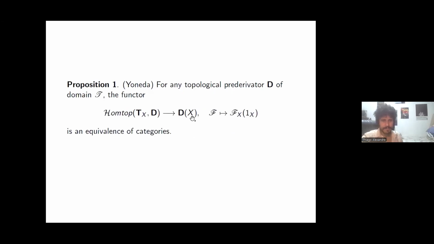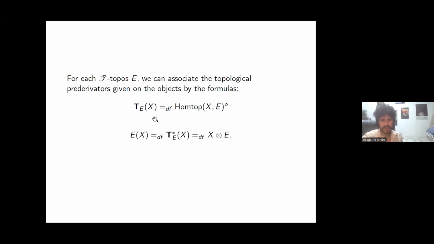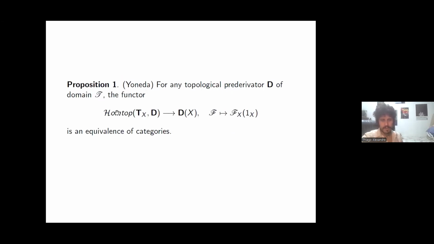Now, some very important propositions that are not hard to verify: for any topological prederivator D of domain T, we have that this functor here, where T of X is the representable, is just the representable topological prederivator associated to E. So this is sort of a Yoneda lemma, which says that the homotopy category of morphisms from this topological prederivator to D is this topological prederivator.